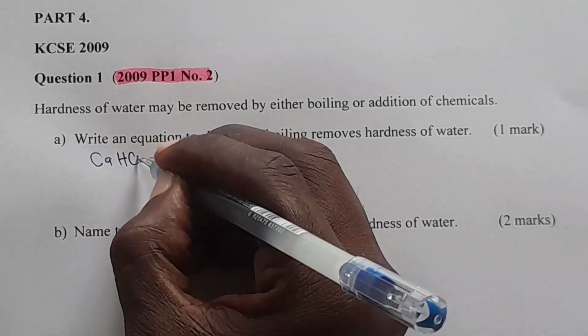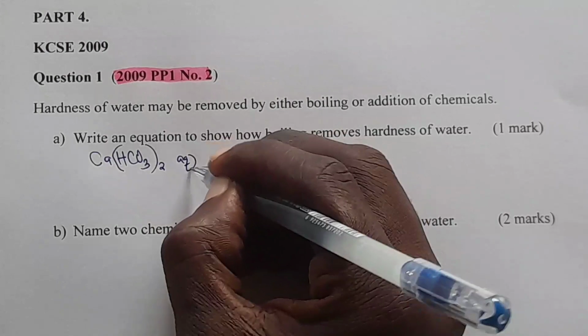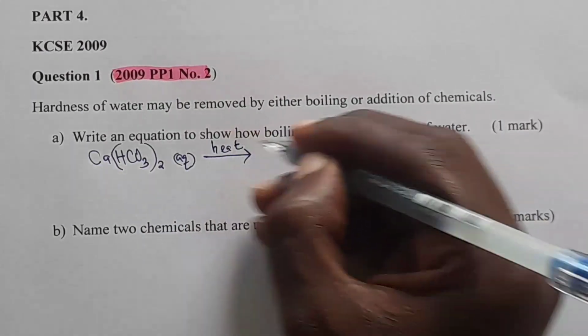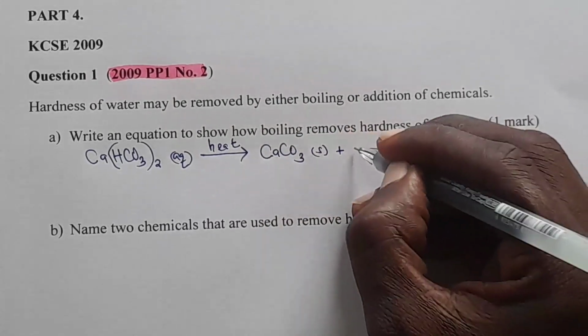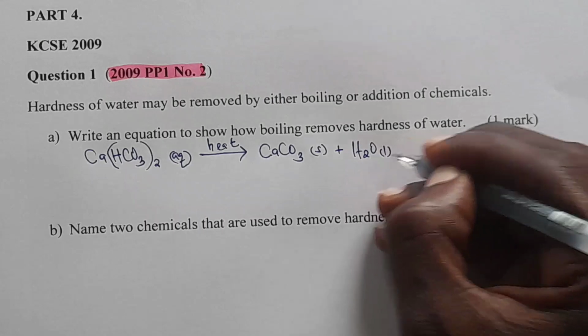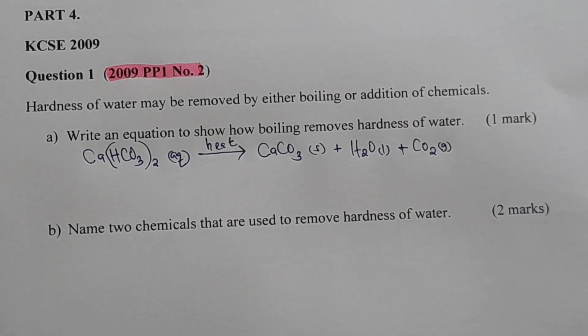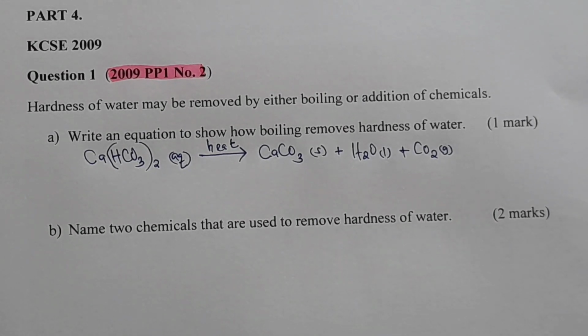If the water contains calcium hydrogen carbonate, when it is heated it forms calcium carbonate, which is a precipitate, plus water, a liquid, plus carbon dioxide. That's the equation to show how boiling removes temporary hardness.